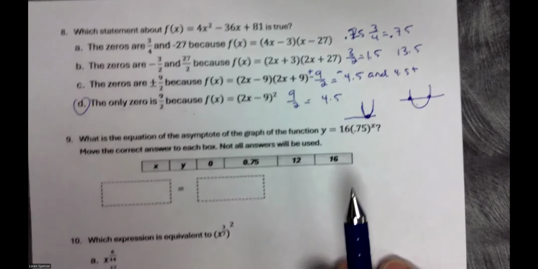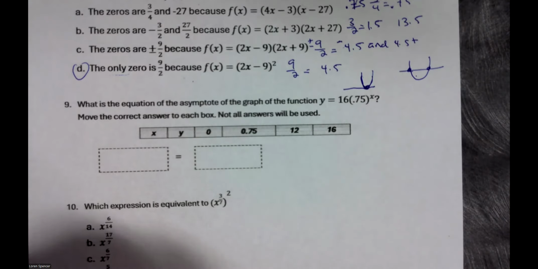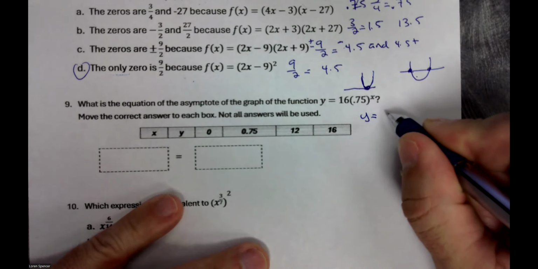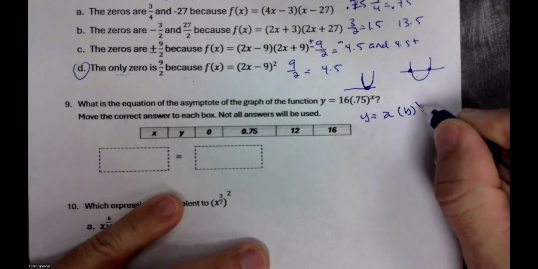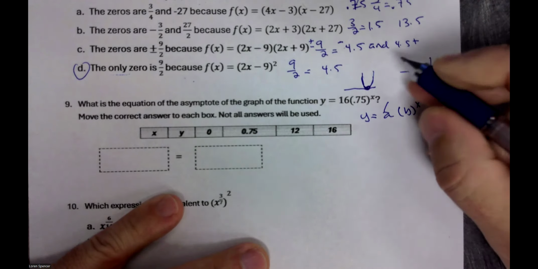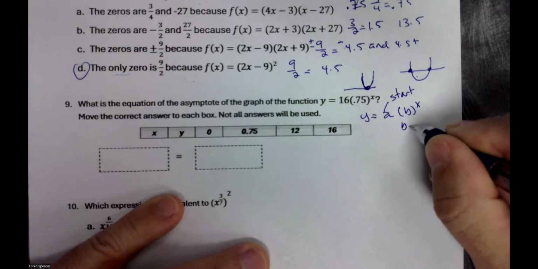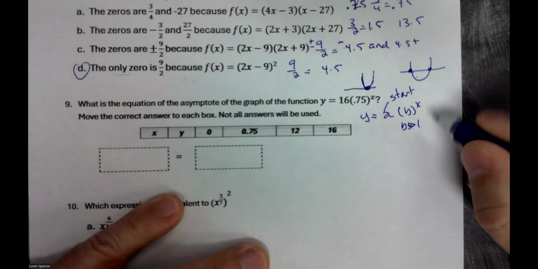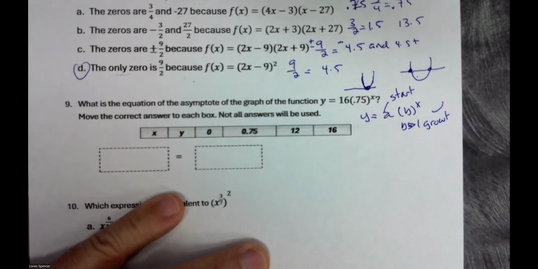Number 9, what is the equation of the asymptote of the function y equals 16 times negative 0.75 to the x? So really this is written as y equals a times b to the x. This is my start. B greater than 1 is growth, which means it goes up.